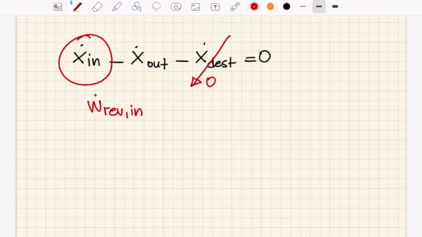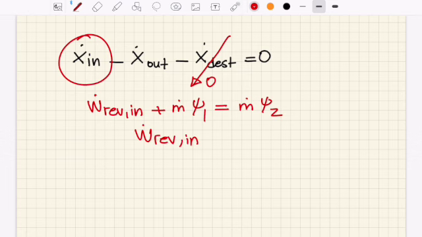Exergy is getting in with the mass, and it is getting out with the mass. Therefore, if you want to find the reversible power, you should use this equation.